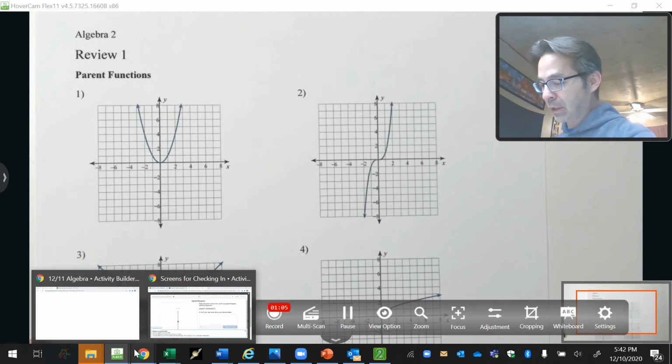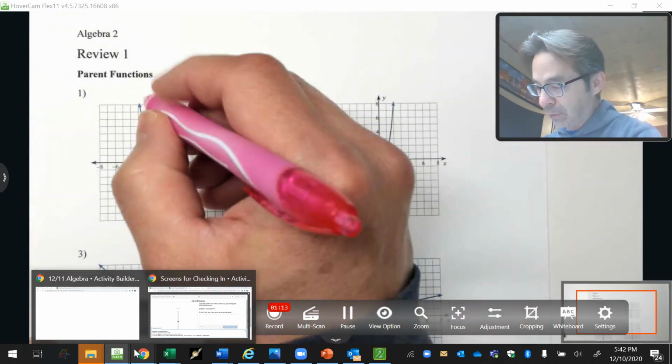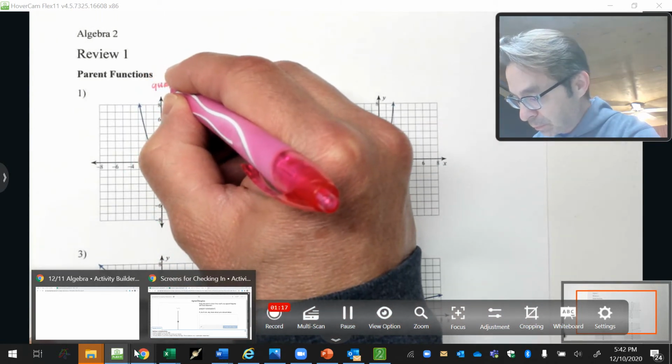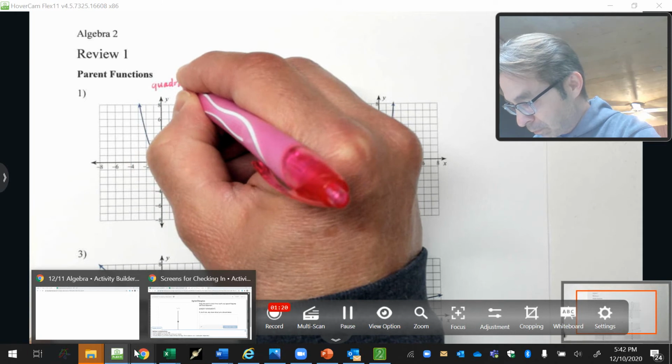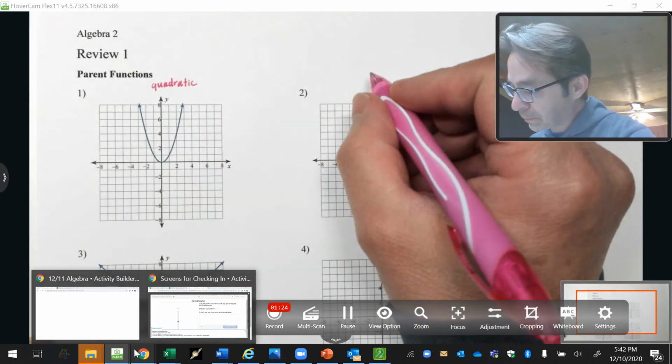You have to know the name of the function, and you have to know the equation that goes with it. Let's do the names first. Quadratic function. And this one is cubic.